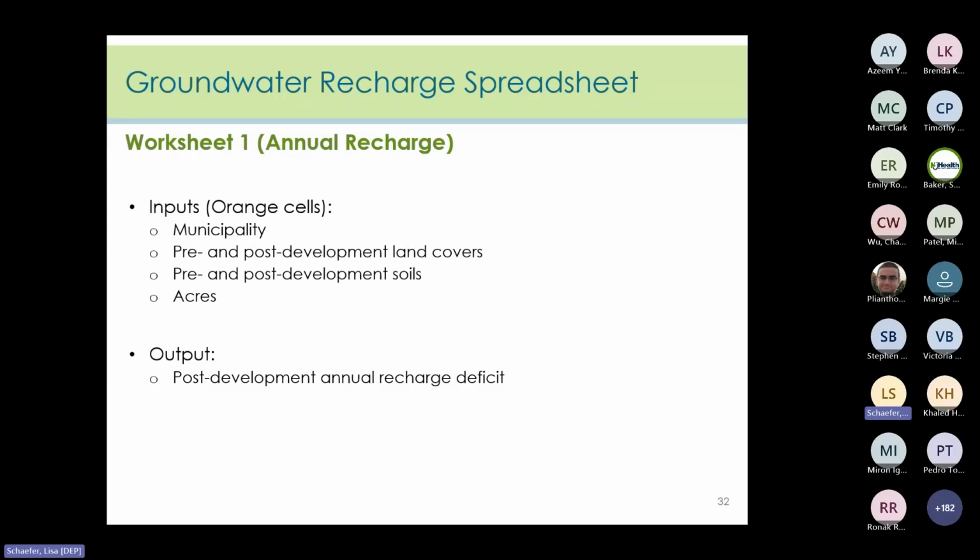In the spreadsheet, the land cover is used to determine how much runoff is infiltrated into the subsoil. Remember, it's the soil series that determines the depth of the root zone. The spreadsheet will calculate the pre and post development annual recharge. The difference between them is the annual recharge deficit created by the proposed development.